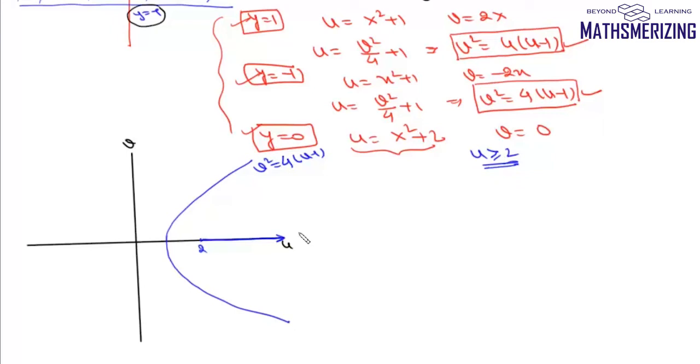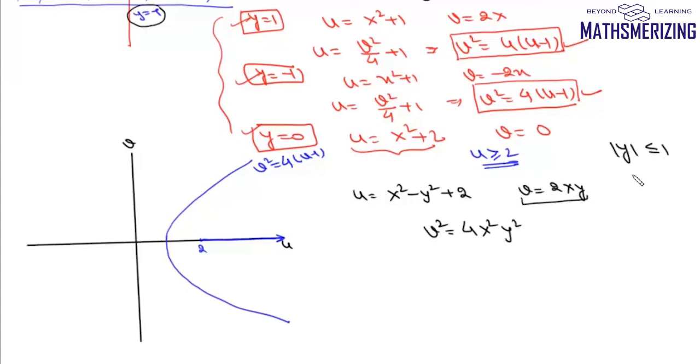Now we need to find this complete region. Now we know that u is x square minus y square plus 2 and v is 2xy. So we'll square this second equation, we'll get v square equals 4x square y square. Now in the question it says mod of y is less than or equal to 1, which simply means y square is less than or equal to 1. So we can write v square is less than or equal to 4x square.